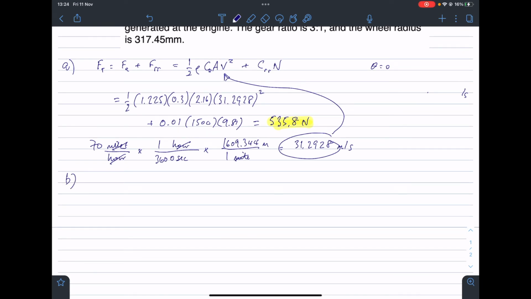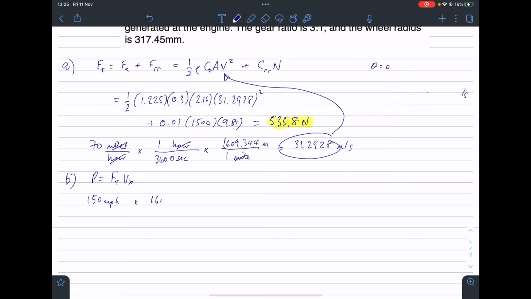We've got to find the power, which is the tractive force times your velocity, at 150 miles an hour. So we can sort out the speed in meters per second for 150 miles per hour using the same conversion factor.